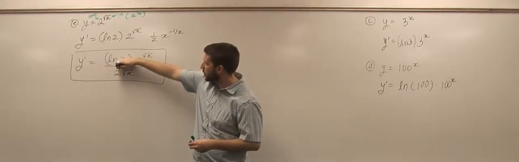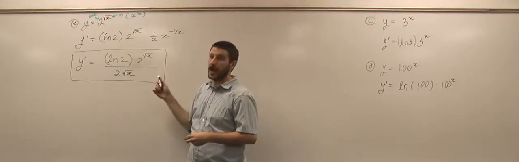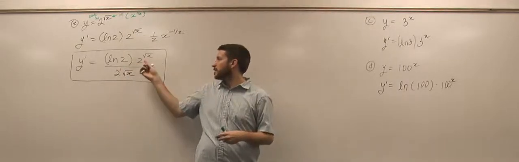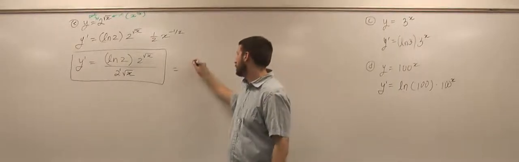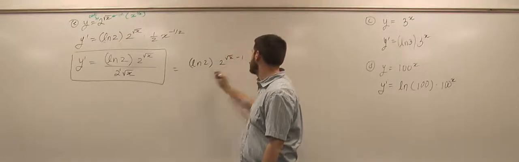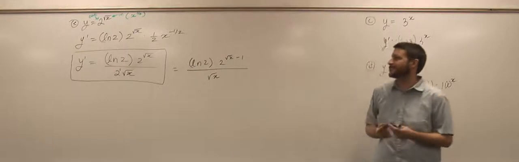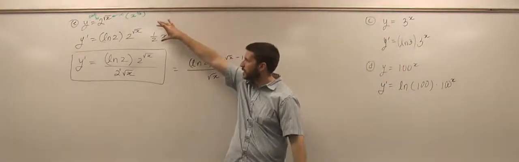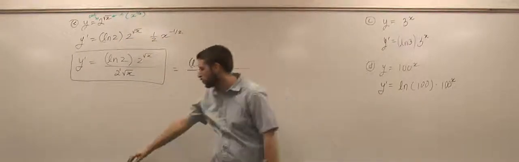What exponent does this have? 1. What happens when you divide with exponents? Subtract. So if you really wanted to combine these, which I don't know why you would, you'd get 2 to the root x minus 1. I don't know, who knows? Maybe some crazy calculus book writes this. So it's a little simpler. I'm not super concerned with that. I'm more concerned with you just knowing what the derivative of 2 to the x is and then making sure you get your chain rule in there.